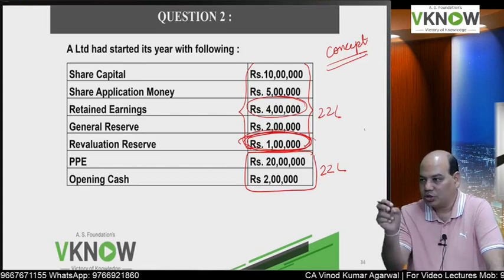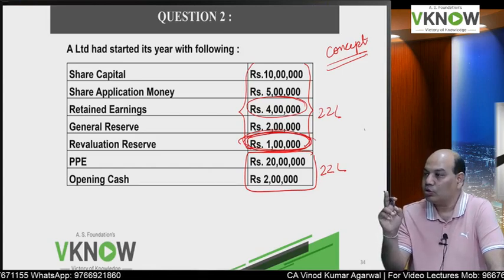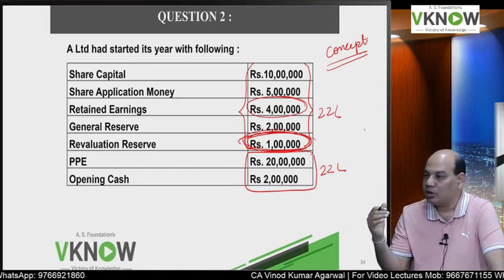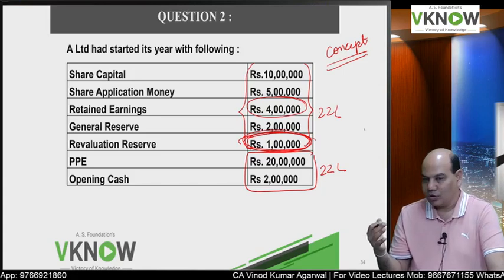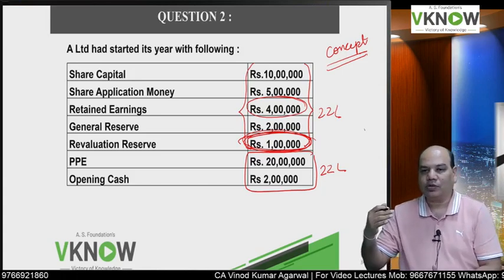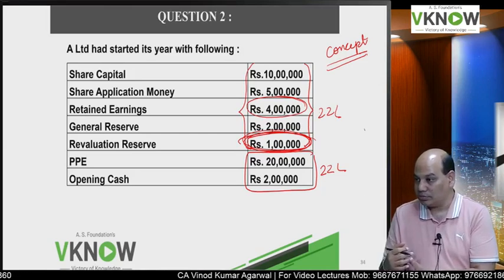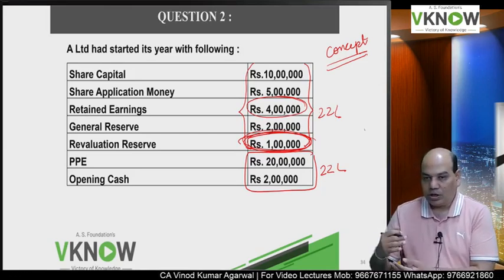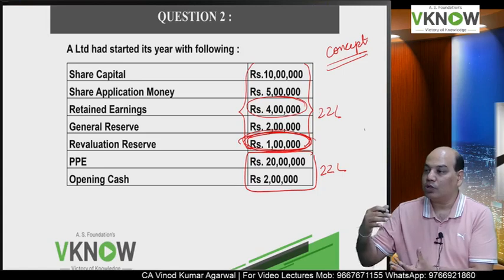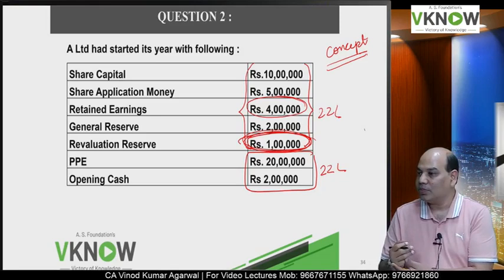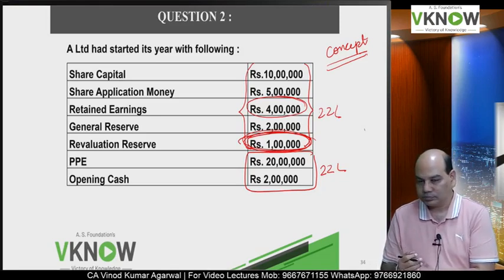We will also show in the OCI, but we are not going to put it in the P&L account, because I already have an opening balance in revaluation reserve. So when I have a balance in revaluation reserve, first I utilize that in case of downward revaluation. Is it right? If it is revalued downward for the first time, then it is adjusted in profit and loss.